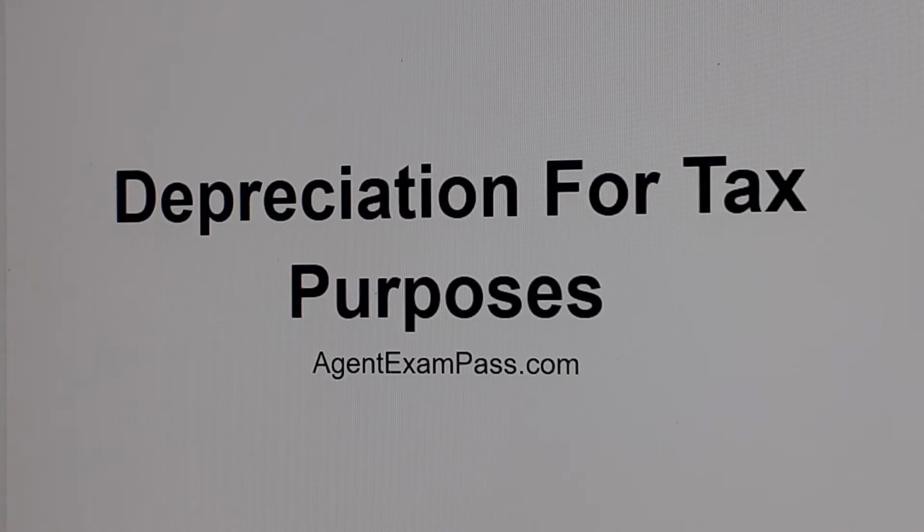Depreciation for tax purposes. Loss of value of real property to get a tax deduction. Depreciation is a loss of value in real property because of age, economic obsolescence, functional obsolescence, or other reasons. Appreciation is the opposite of depreciation and can result from inflation or improvements.